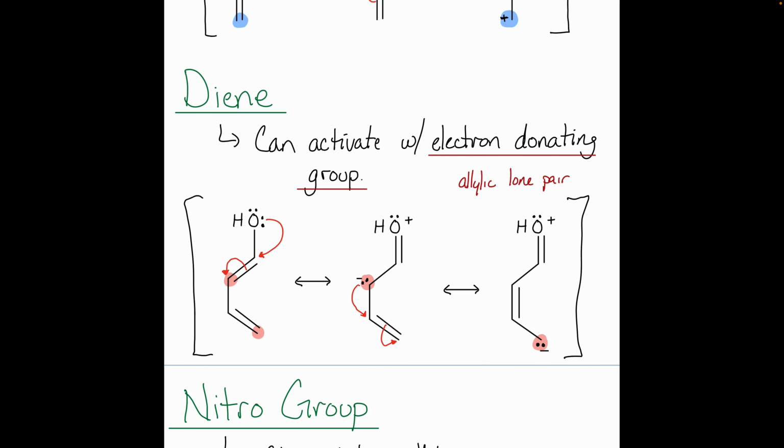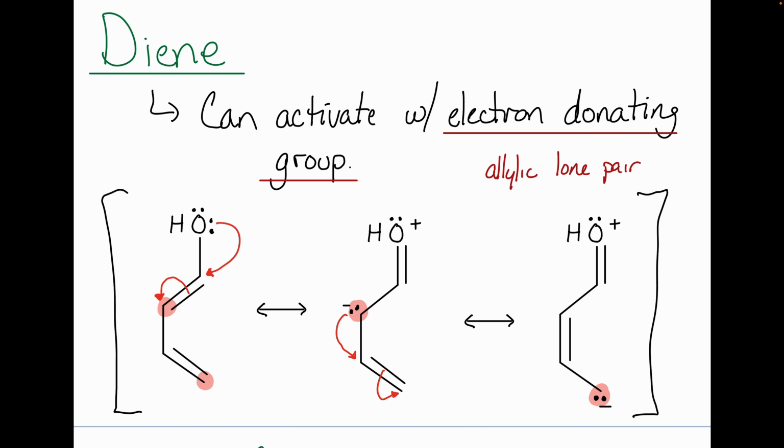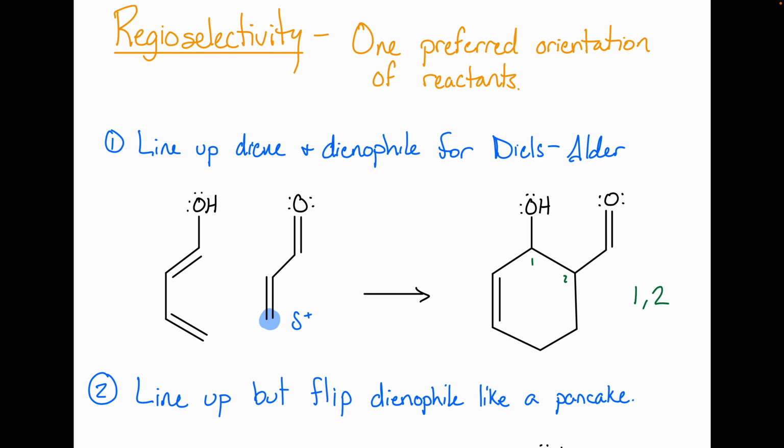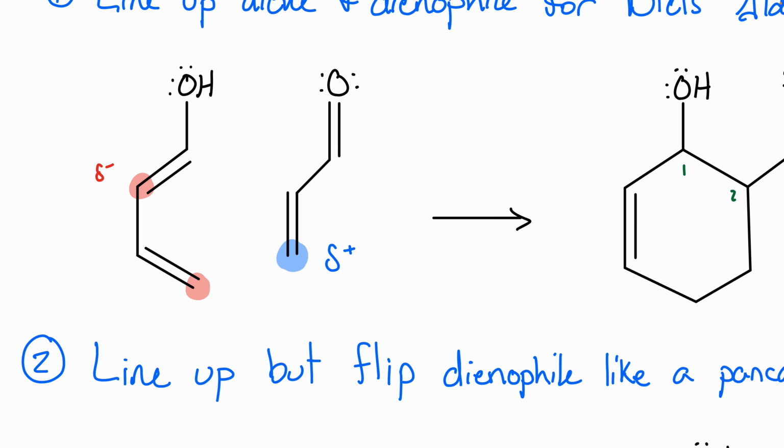If I play the same game with my diene, what did we show with our diene? Do those carbons that I have colored in red here have a lack of electron density or a lot of electron density? A lot of it, right? They have these negative charges according to my resonance structures. So we're going to go through and mark these ones as having a lot of electron density, or a partial negative charge.